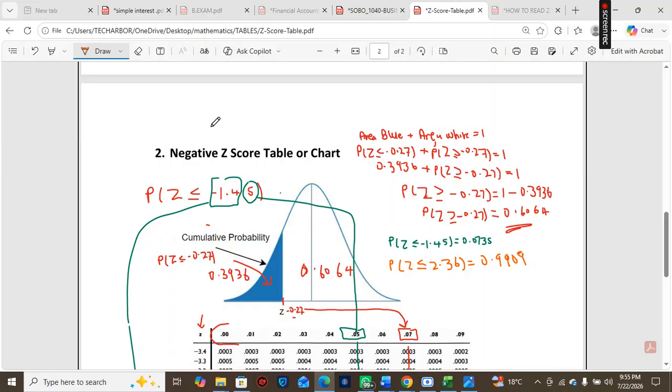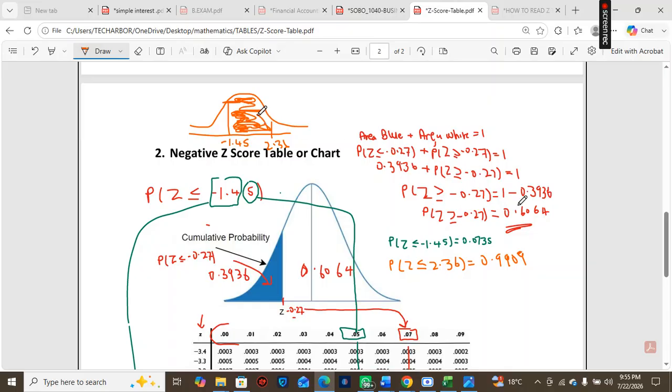In this case, colleagues, we're trying to find the area between two points: negative 1.45 here and 2.36 here. That's what we want.